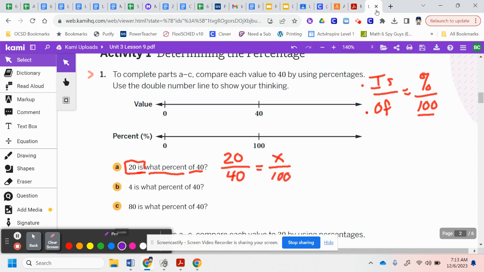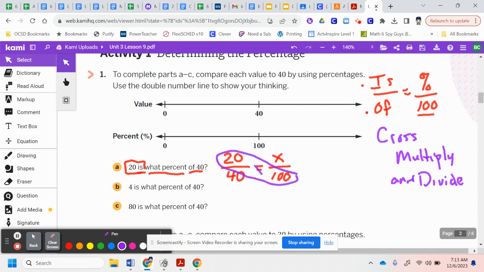So to solve, I'm going to use cross multiply and divide. It's the same strategy we talked about with unit rates. I can't multiply this way because my 40 and X, there's no number there. So I have to multiply like this. I'm going to take 100 times 20, and when I multiply that, I get 2,000.